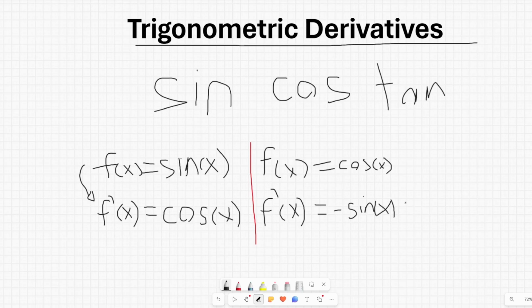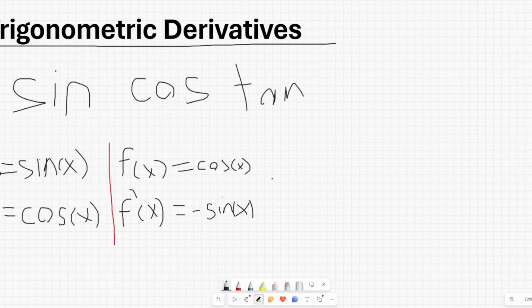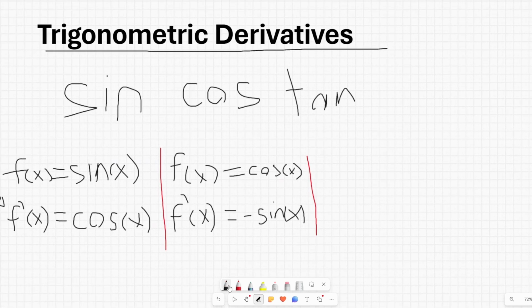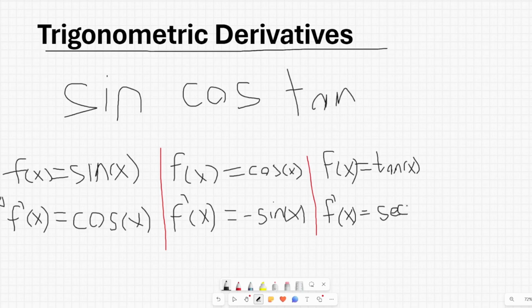Now, the derivative of tan x, however, is something a little different than the other two. So the derivative of tan x, so f of x is equal to tan x. F prime of x in this case is going to be secant squared x.